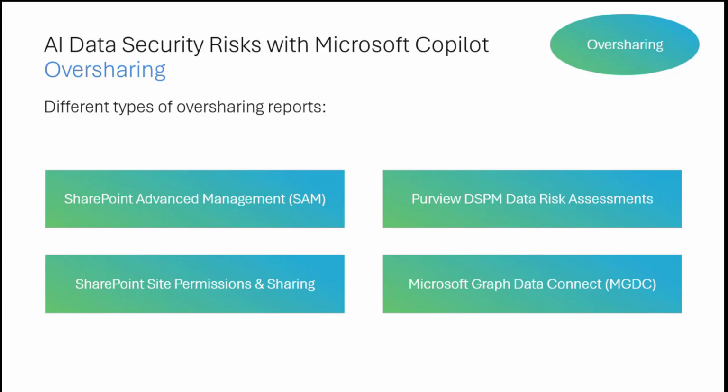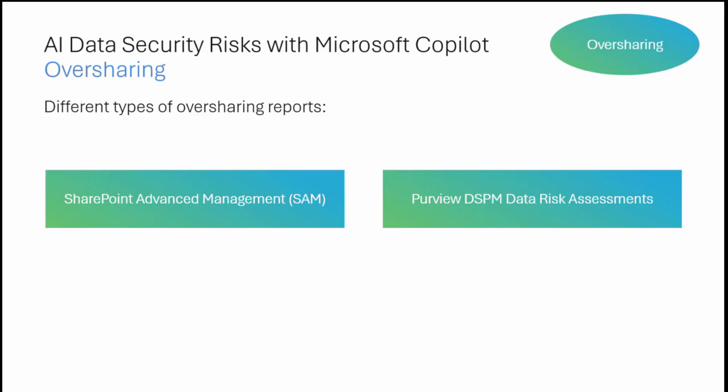You can bring the insights into things like the Power BI oversharing report, for which we have a template to use. However, this is paid on a consumption basis. You can help by doing a full data pull at first, and then just doing delta pulls in the future. But this is truly enterprise scale and very customizable. Today we're going to talk about SAM and Purview DSPM data risk assessments.